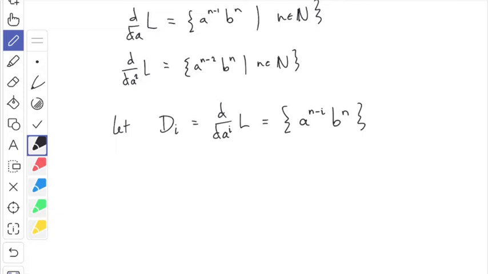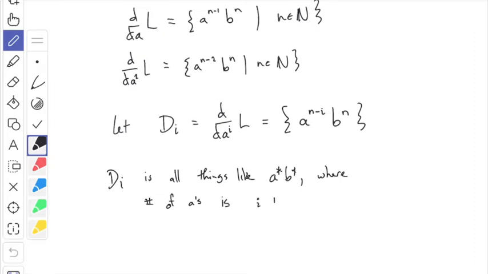Now, are they actually all different? That's what we have to demonstrate, that these derivatives are really all different. Well, they are all different, and we could describe, say, in words what d_i is: all things like a star, b star, maybe. It's a bunch of a's followed by a bunch of b's, where the number of a's is i less than the number of b's. Is it confusing when I write it that way?